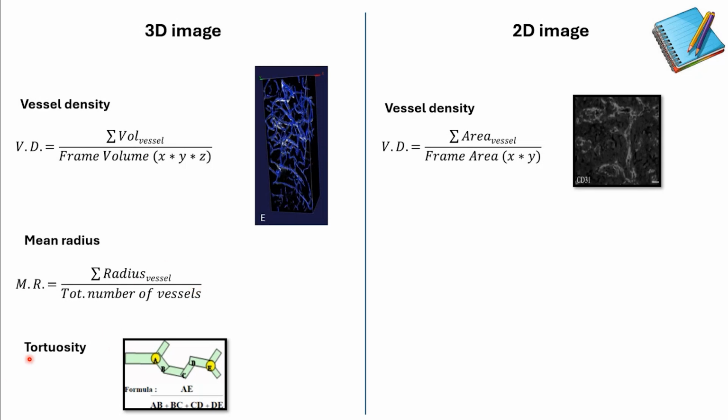This information is critical and is difficult to retrieve if you analyze a 2D image, because in this case, the tortuosity takes into account the capability of tracking the full, let's say, branching of the vessel, taking into account, therefore, the possibility to measure if the vessels are rather straight or capable of making many branches. In a 2D image, this would not be possible.